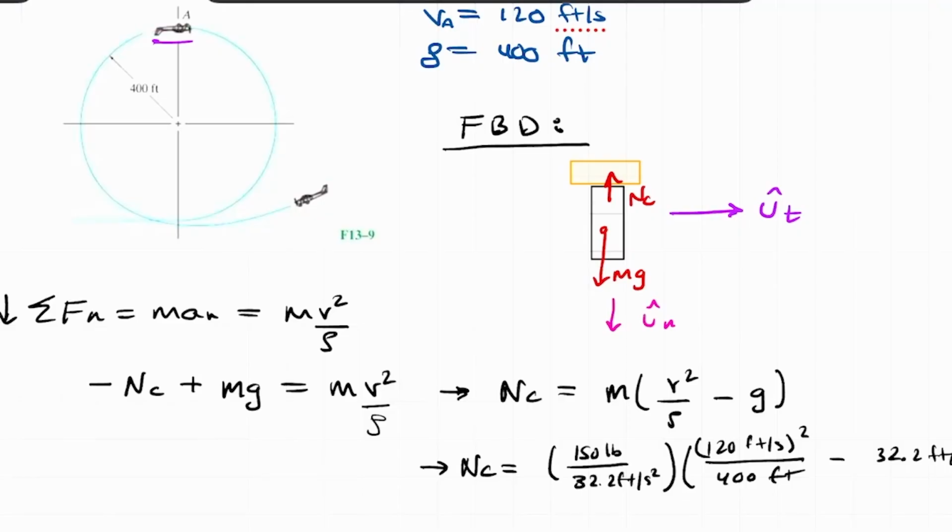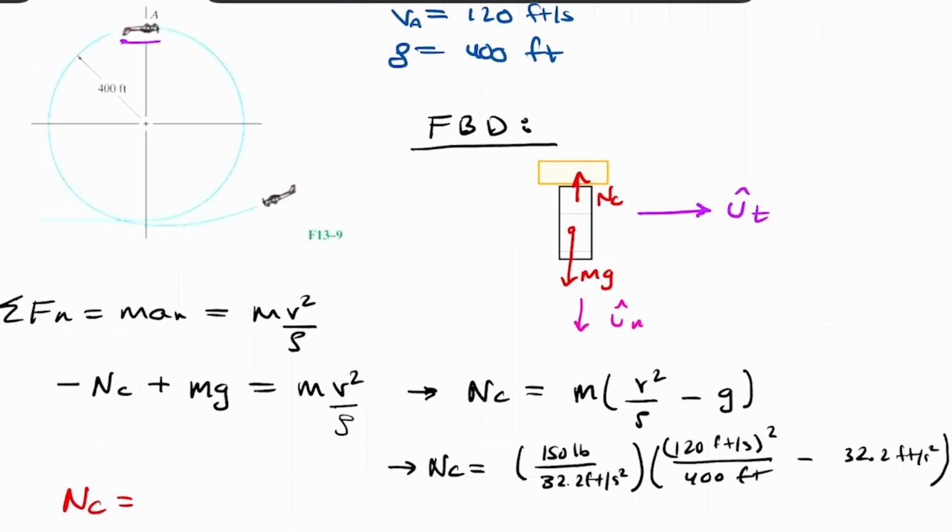Once you multiply everything out, you should be able to get your normal force, which I got to be equal to 17.7 pounds.